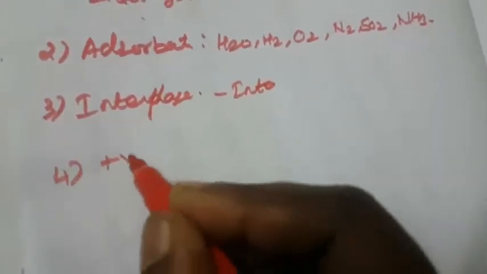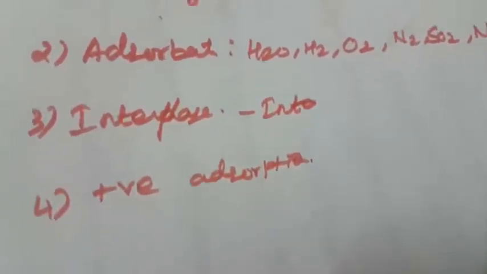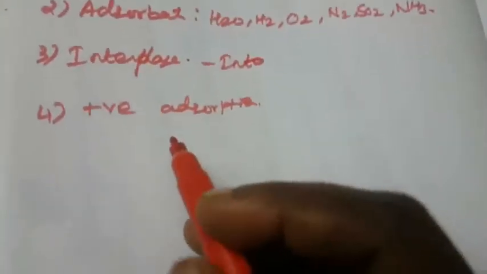There are two types of adsorption, positive adsorption and negative adsorption. When the concentration is high, that is called positive adsorption. Here the concentration of the adsorbed substance is very high. What is meant by negative adsorption?